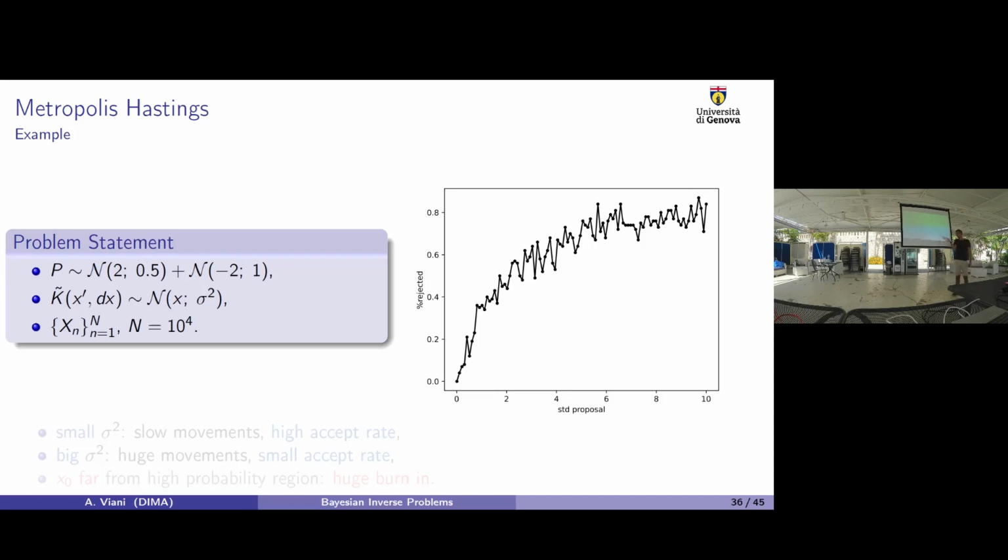Otherwise, if you do too small steps, you will probably accept more, but you will also not move much. You don't have big jumps. So, okay, a good percentile is 0.2. So I choose 1. It's roughly 1, a good choice for the percentile of the rejected proposals.